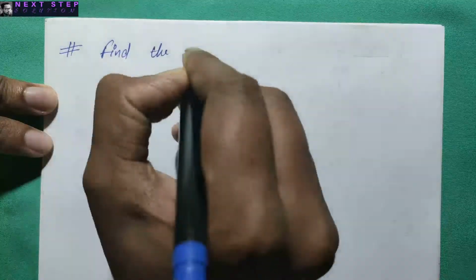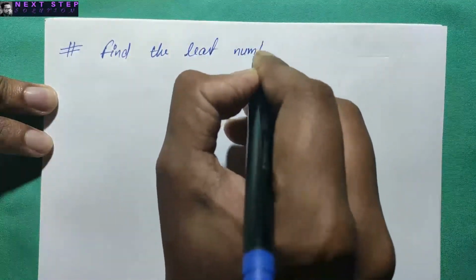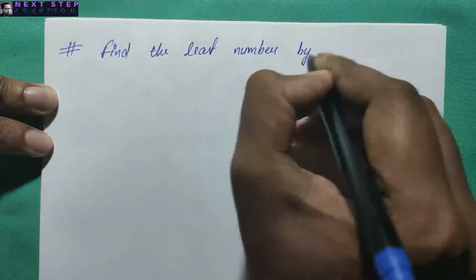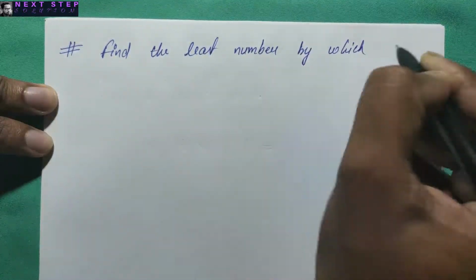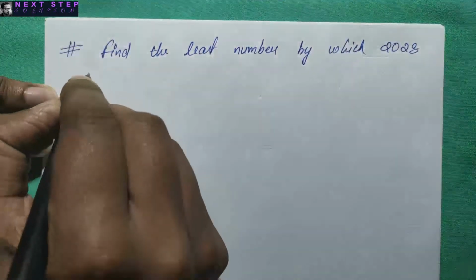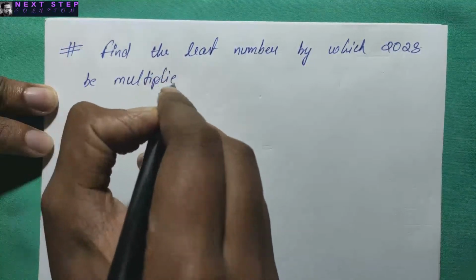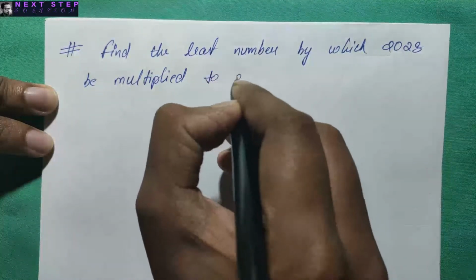Now suppose the question is: find the least number by which 2028 must be multiplied to make it a perfect square.